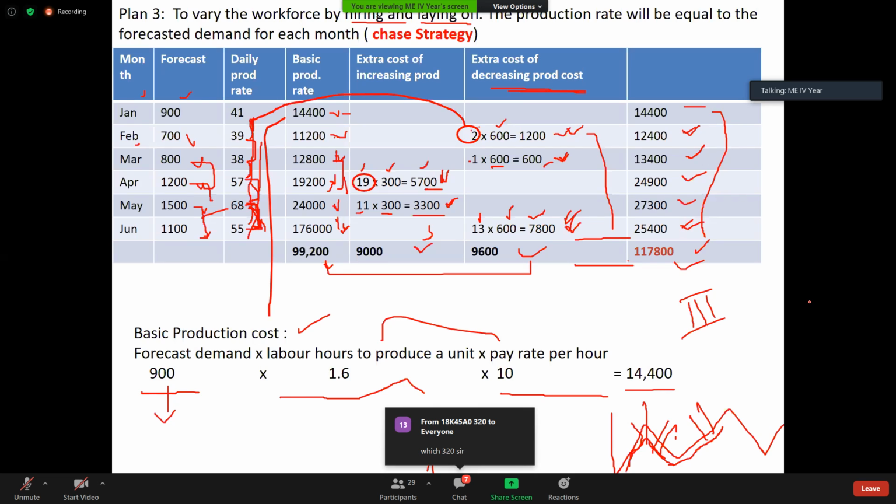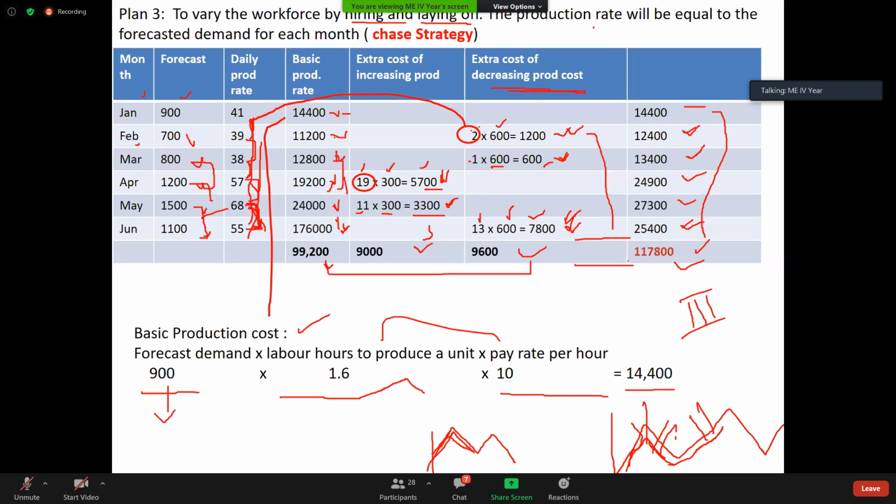What is your roll number? 306, sir. Can you read out the three strategy values? How much did we get? First method 1,08,450, sir. Second, 1,05,000. Sorry, sir, second method is suitable, sir.